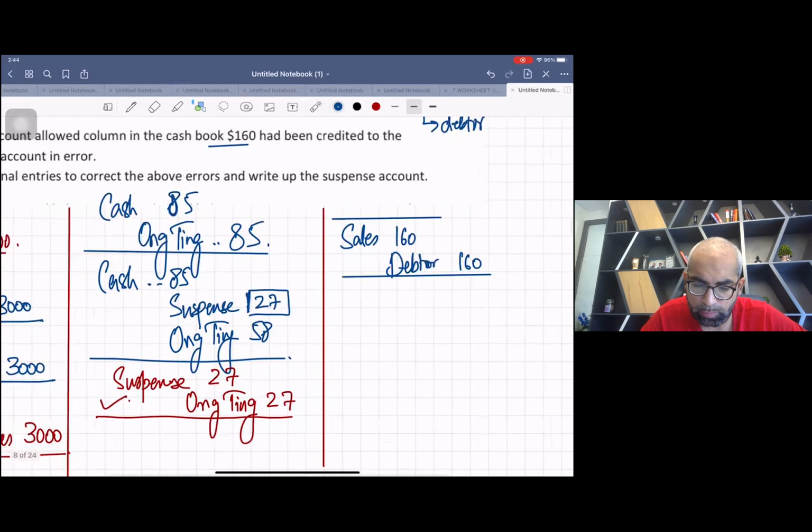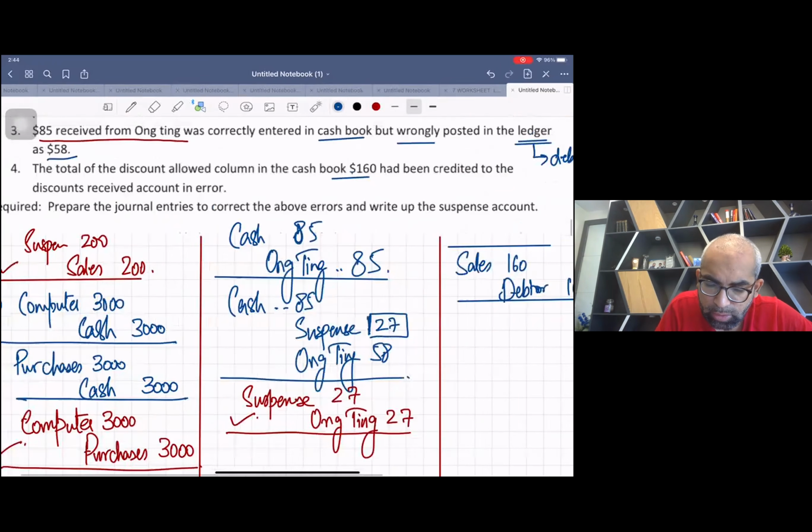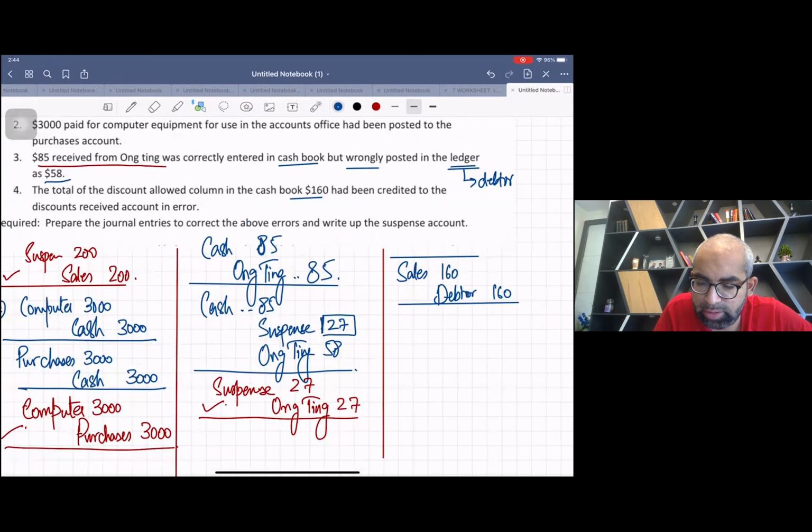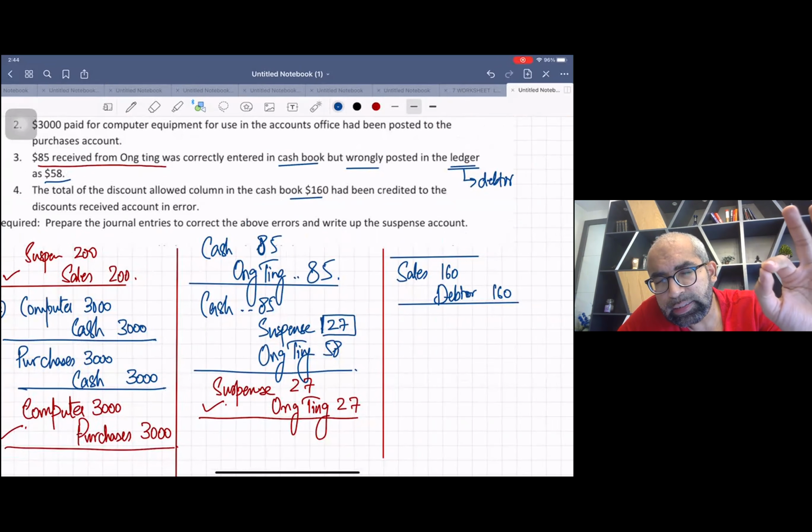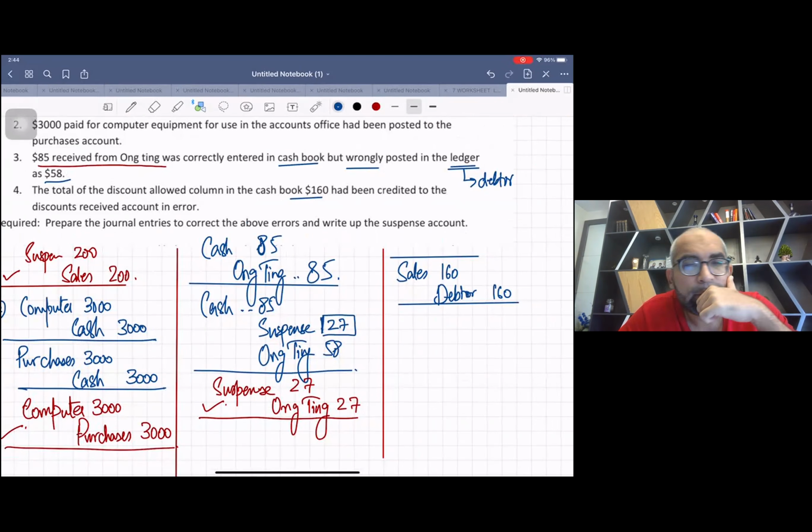Okay, but now read the transaction. The total of the discount allowed column in the cash book 160 had been credited to the discount received account in error. Wait, is there any bad thing written about the debtor account?